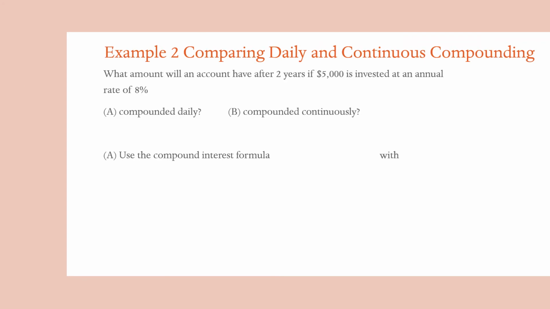Now let us compare our daily compounding result and the continuous compounding result. Let's do a problem with an investment of 5,000 for just 2 years, and the interest rate is 8%. We can find the value of compounding daily and compounding continuously separately. If it is daily, we have to use the formula P(1 + r/m) whole raised to mt, where m is 365.